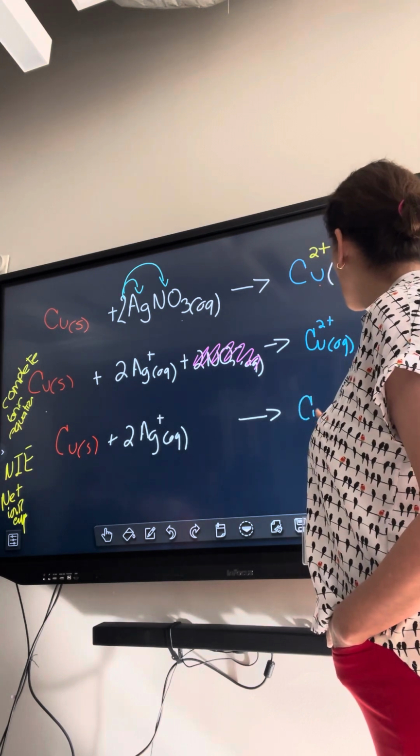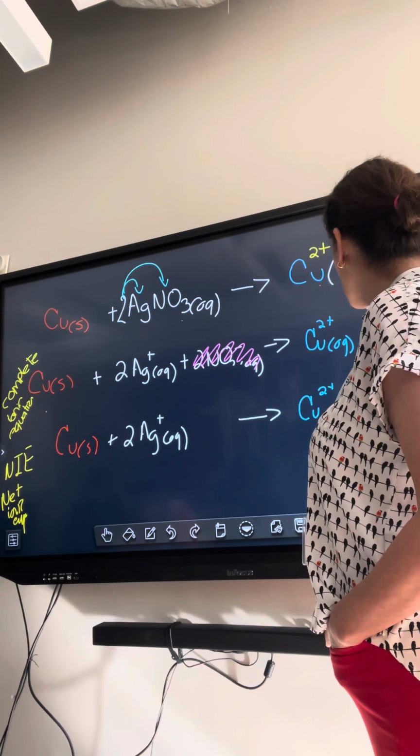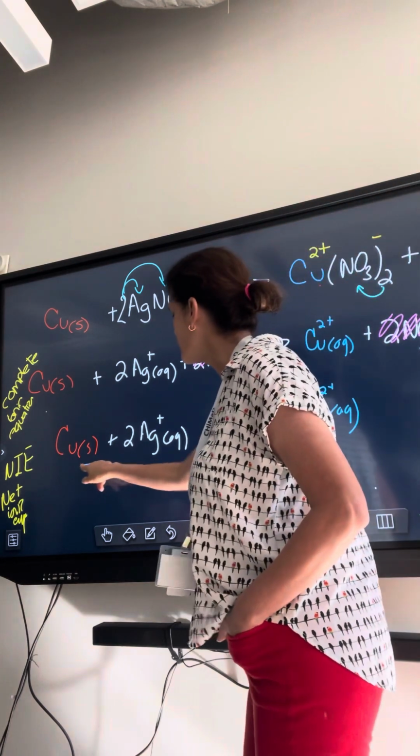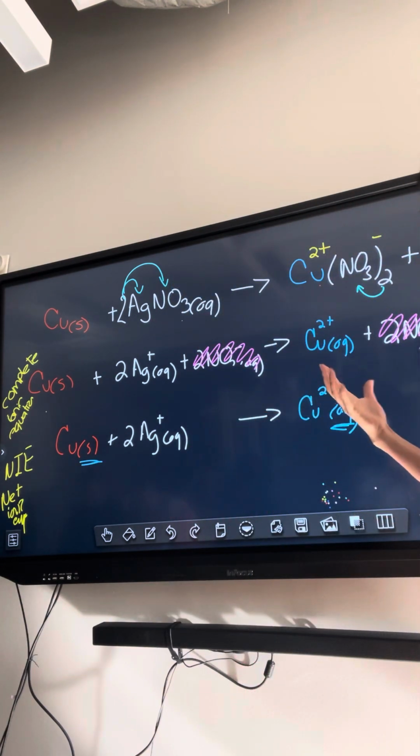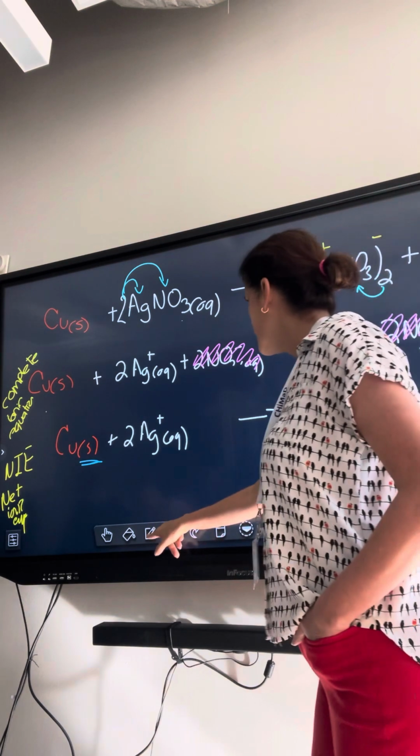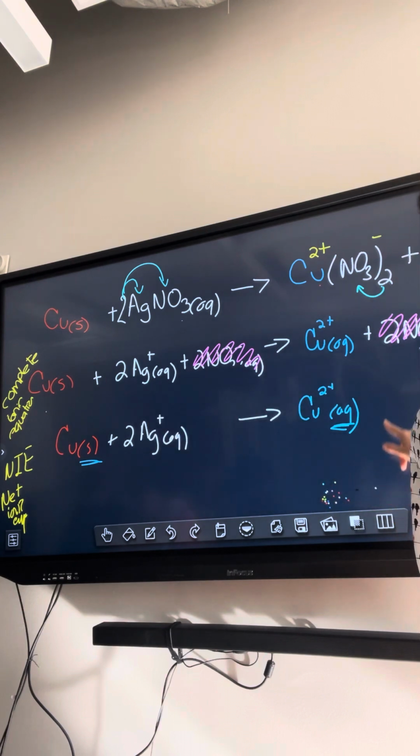So you have your copper 2 plus, which is aqueous. You see, that was solid. This is aqueous. So yes, I just have one copper, but it changed from solid and it jumped into the water. And then I have plus 2 Ags. That is how sometimes you'll see an equation.